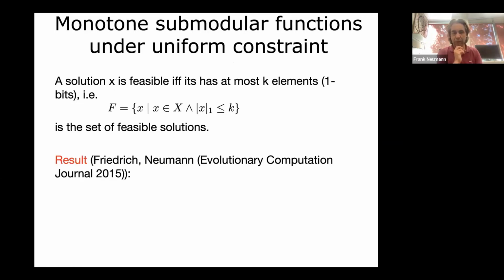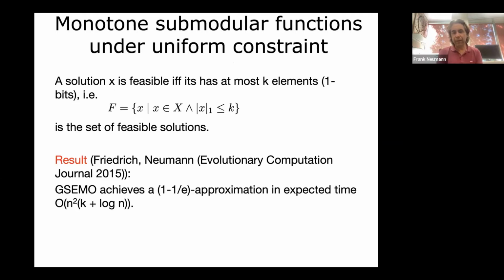We looked into that and did a first step in this direction, together with Tobias Friedrich. That was a paper that we had at PPSN 2014 and then got published in a journal. And what it says, and the result is quite easy, is that GSEMO achieves a 1 - 1/e approximation in expected time n squared k log n.